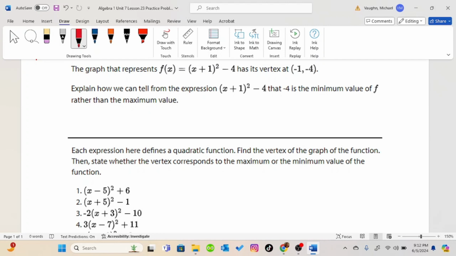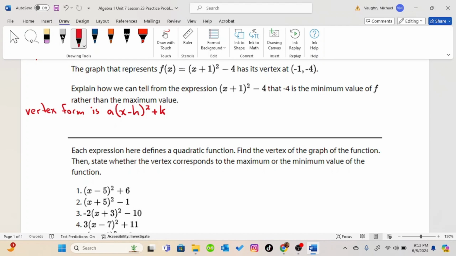So if you remember, the vertex form is a times x minus h squared plus k.